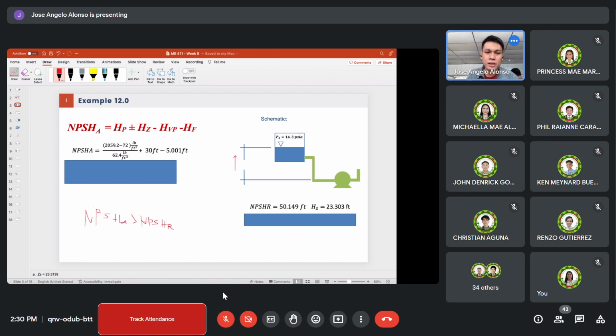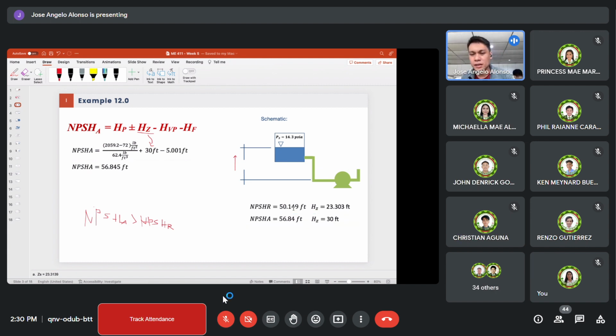So let's try to compute if we replace the value of H sub C with 30 feet. Ang makukuha natin value ng net positive suction head available sa system is 56.845 feet. By comparison, net positive suction head available, which is 56.84 feet, is greater than 50.149 feet at elevation of 30 feet.